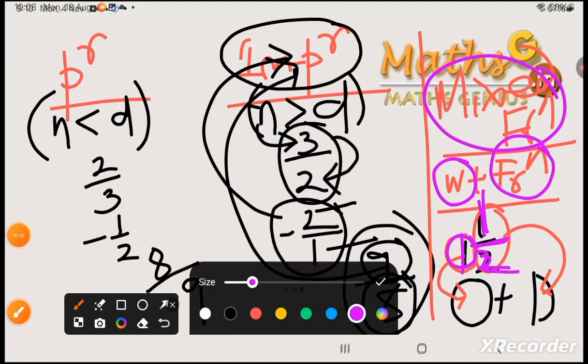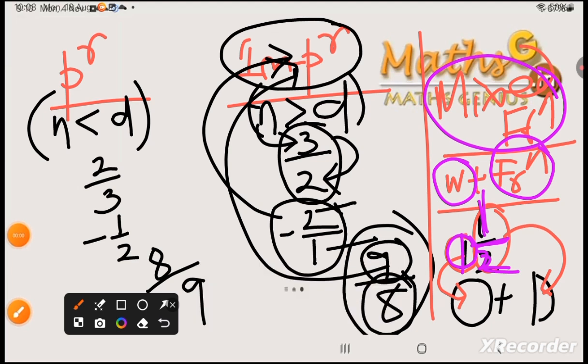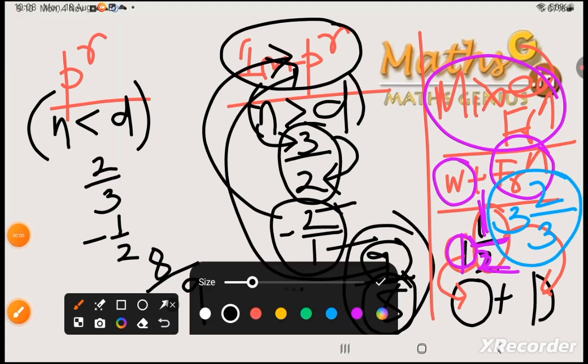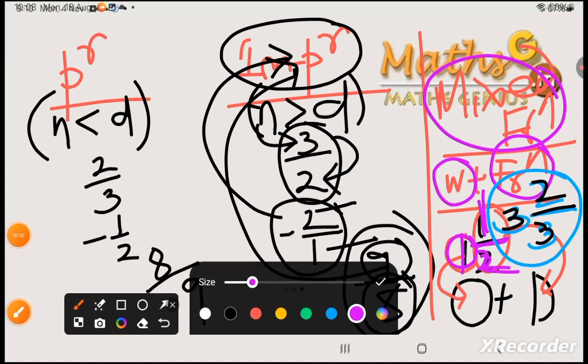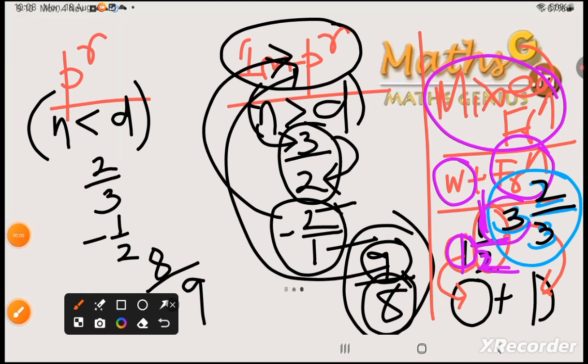Similarly, another example of a mixed fraction: 3 whole 2 by 3. Here again, what is the whole number part? 3.